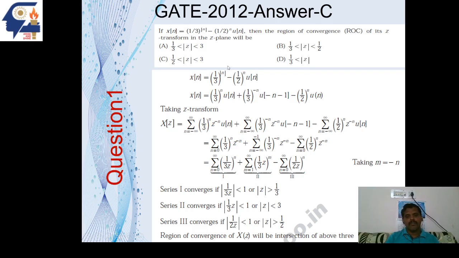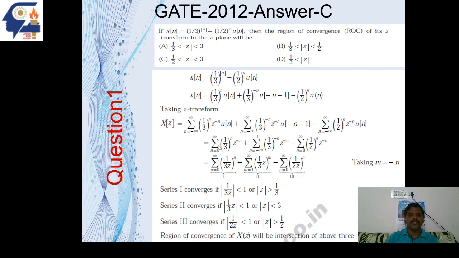If n is negative, mod n equal to minus n, I have assumed minus infinity to minus 1, (1/3)^(-n). General formula, because it is u of n, n varies from 0 to infinity. So the summation is positive. I am going to write this one as an entire something whole power positive n.